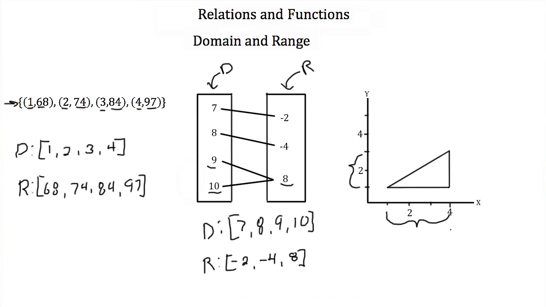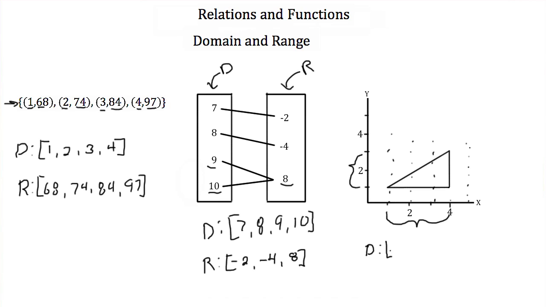Our last example, the graph. Again, the domain is every point in our graph that has an x value. So if we came up from anywhere on the x-axis, would we run into our graph? Well, the only points where we run into our graph on the x-axis are between 1 and 4.